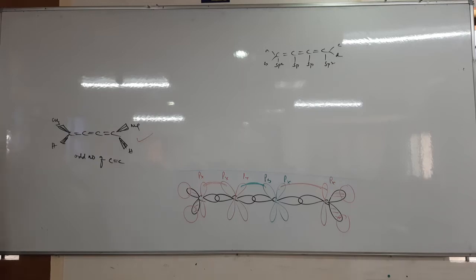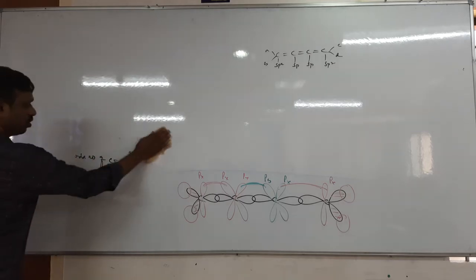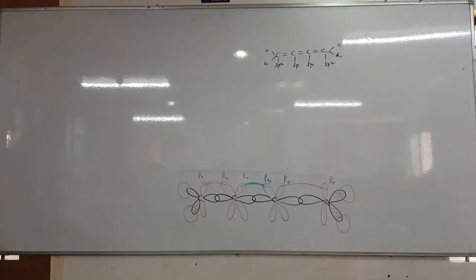Okay, so write in question: which of the following do not exhibit geometrical isomerism?